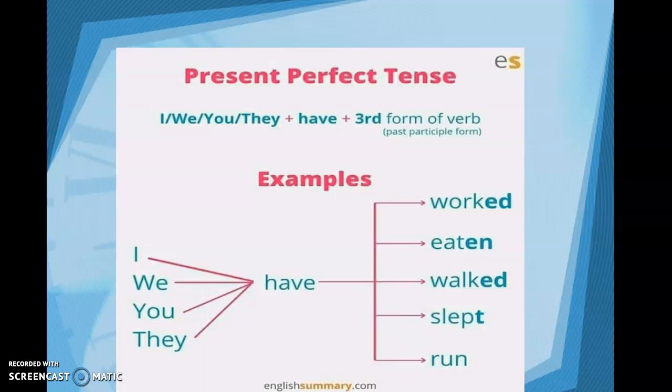For third person singular, we try to use has. See, I have eaten. She has eaten. It is not "I has eaten". It is not even "she have eaten". So it is something like that, and do not get confused over them.